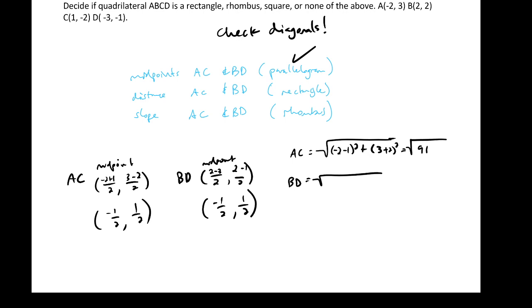Negative 3 squared is 9 plus 25, which is going to be rad 34. BD is going to be 2 minus 3 squared, right? Plus 2 minus 1 squared. I hope you can already see it. That's going to be 5 squared plus 3 squared, right? That's 25 plus 9. It's again rad 34. Gentlemen, it's a rectangle. They match.